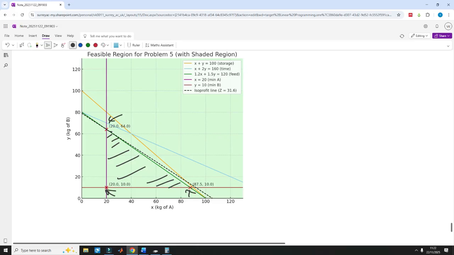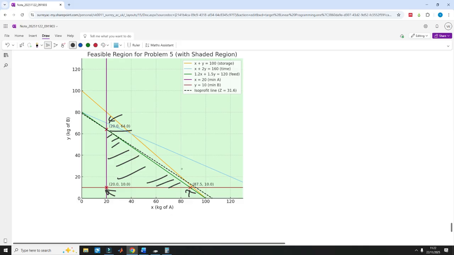You already have the answer, 20, 64, 87.5, and then from there you have to identify at which point corresponds to a maximum value.